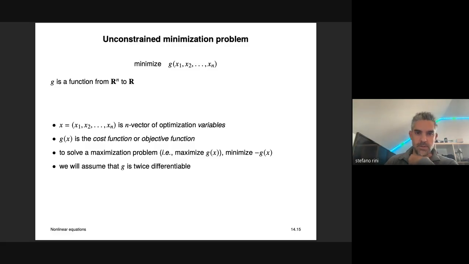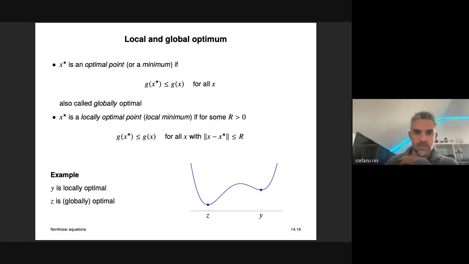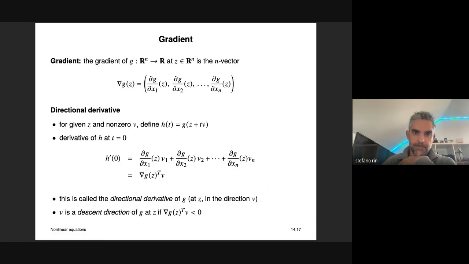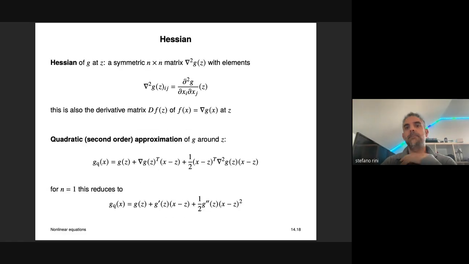We have this function. We have a certain cost. We have local minima, optimal minima. We want to use the gradients. This is also called the directional derivative, and we want to follow the descending direction of this.